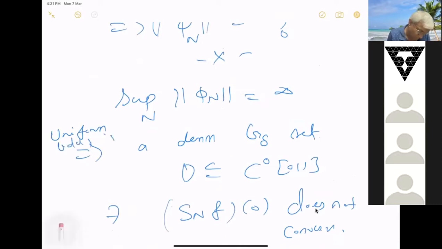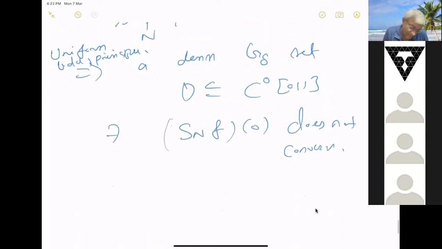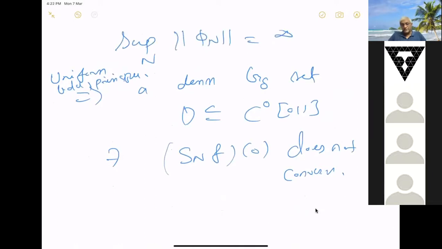There exists a dense subset such that Sn of f is not uniformly bounded, so it's not pointwise bounded also. So there exists a dense G delta subset D such that this holds for all f in D.